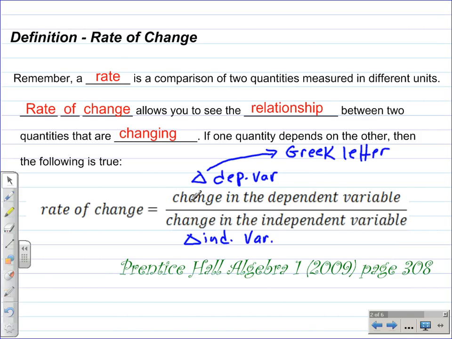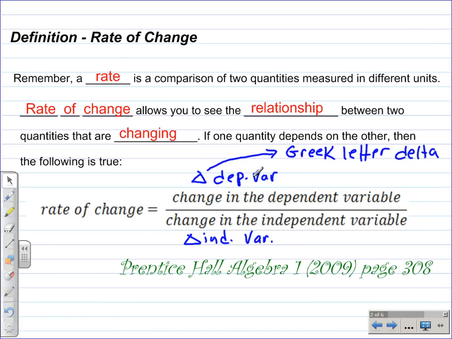I'll use that a lot of times instead of writing out the words change in. It's the capital Greek letter delta. Probably should have made that a capital D. But anyway, we use this sometimes instead of the words change in.